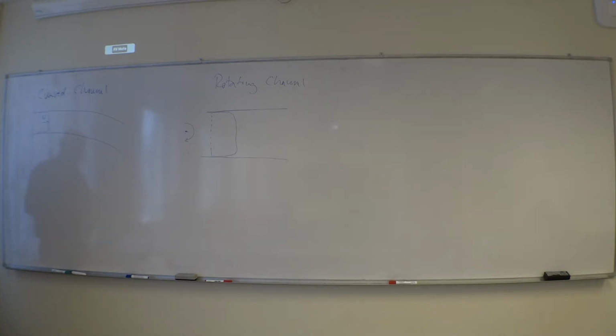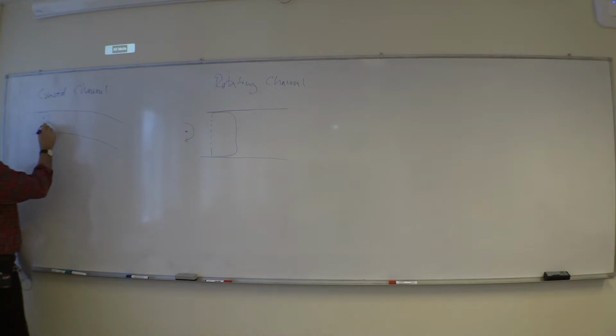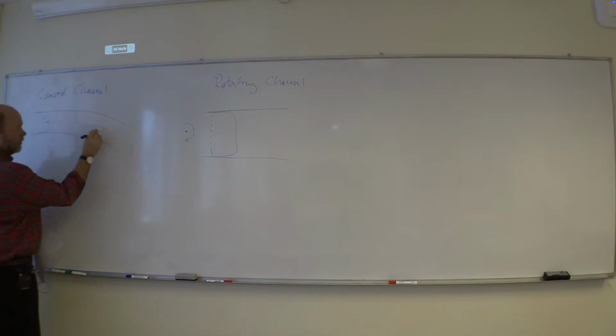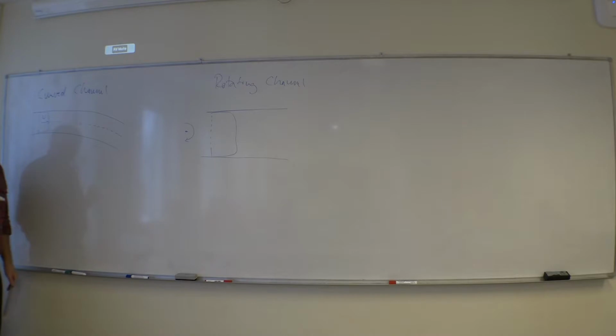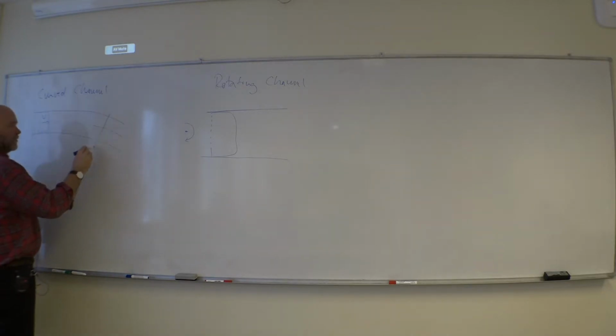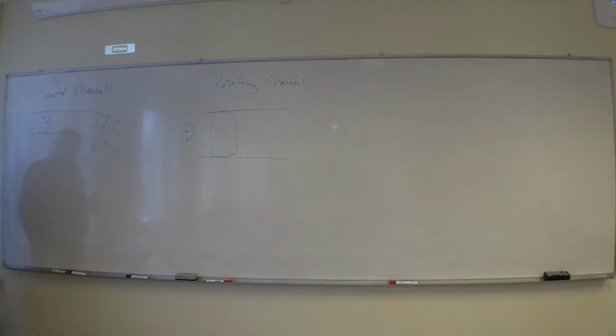What's going to happen? Well, if you are going to follow the geometry and make a turn, somebody has to push you in this direction. Clearly, when you have a velocity here, then yes, you need a force, or else you can't make the bend, which means you're going to have a pressure gradient here, and this pressure gradient then has to balance the centrifugal force.